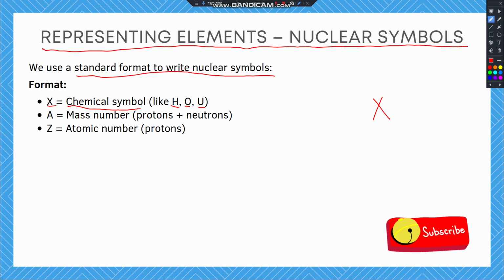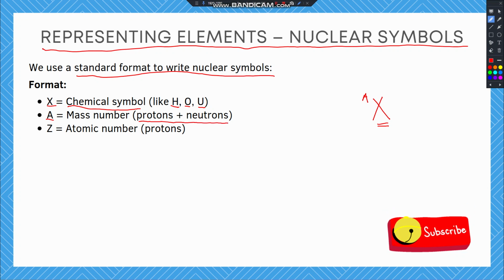So when we do not know the element that is being talked about, we use the capital letter X. And then we have the second one, which is the mass number. The mass number is denoted by the capital letter A, and it is written as a superscript at the left top corner of this letter X, and it denotes the number of protons combined with the number of neutrons.